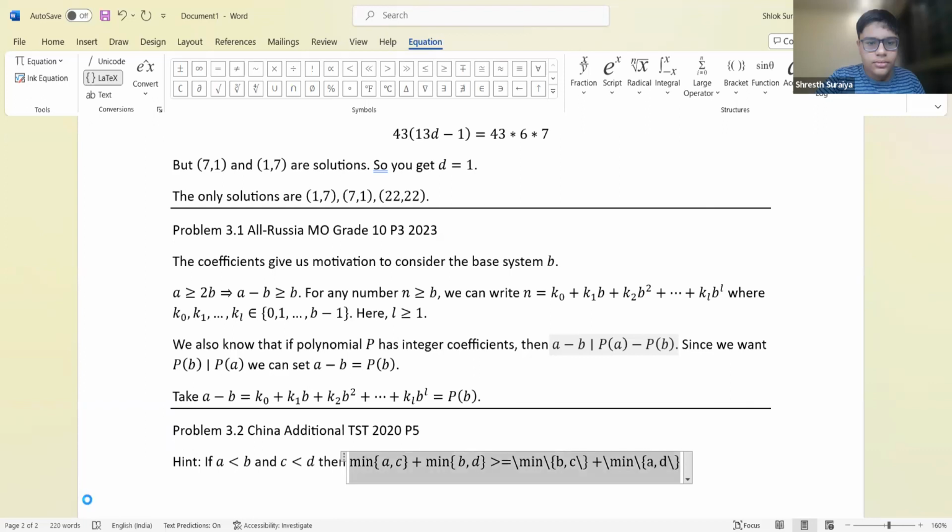And why is this useful? For example, n equals 10, and A4 is less than A5. Then the summation will have minimum of A4 comma 7 and A5 comma 9, right?